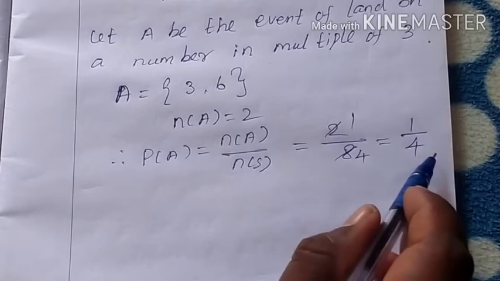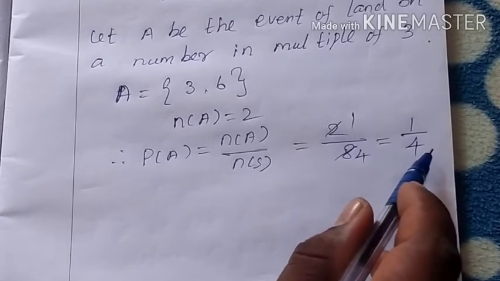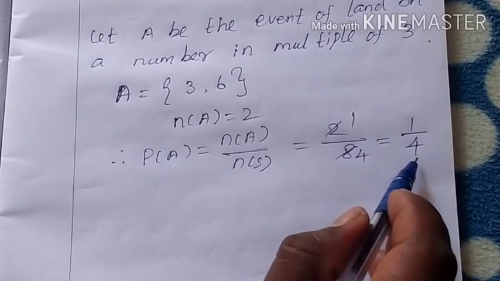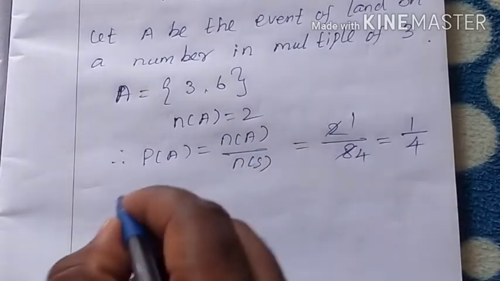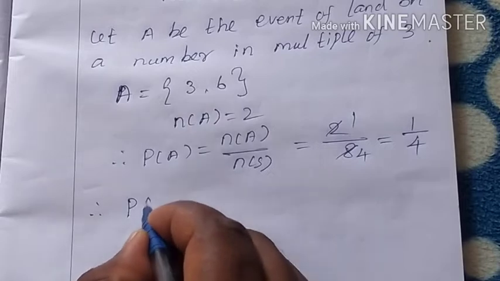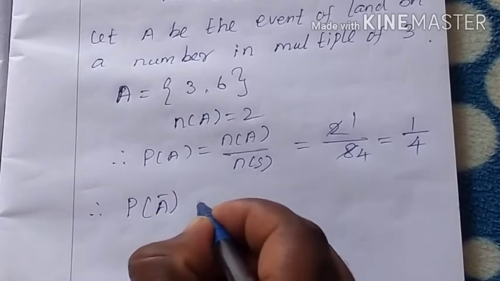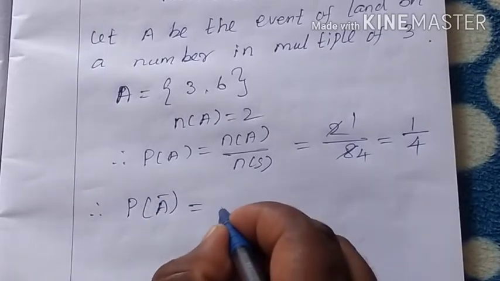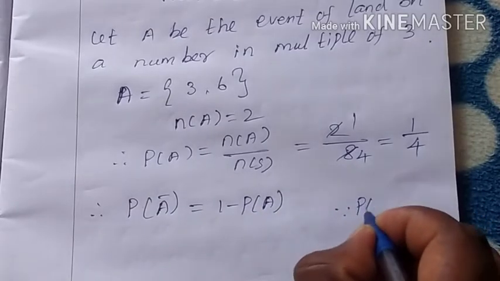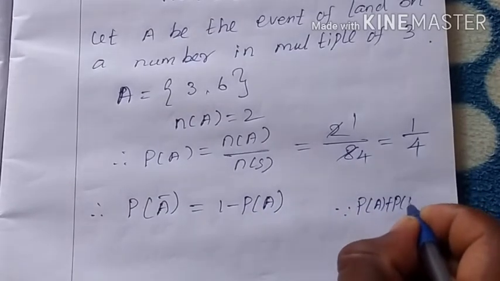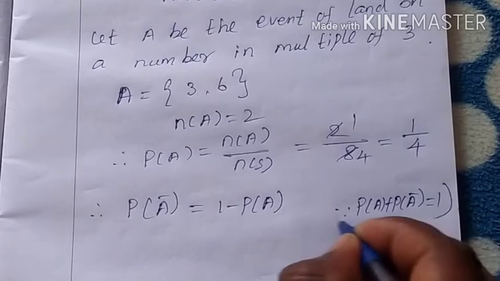This is the probability that the spinner will land on a multiple of 3. Okay, your question is the probability that the spinner will not land on a multiple of 3. Okay, therefore the required answer is P of A complement, which is equal to 1 minus P of A, since P of A plus P of A complement equals 1.